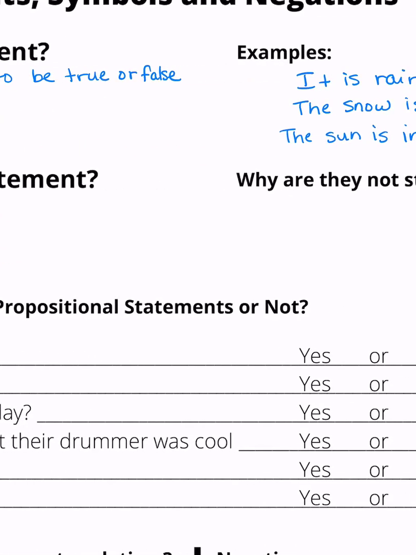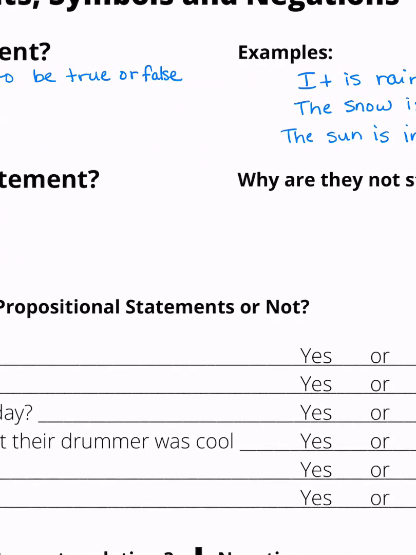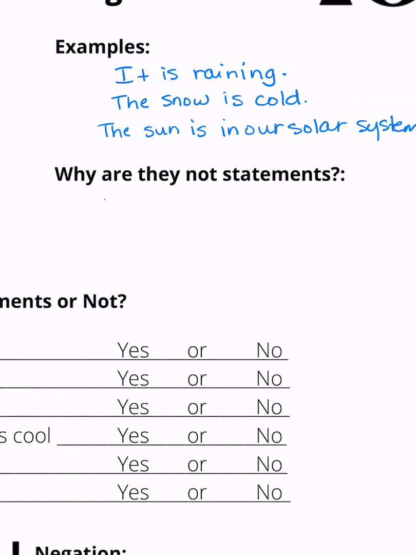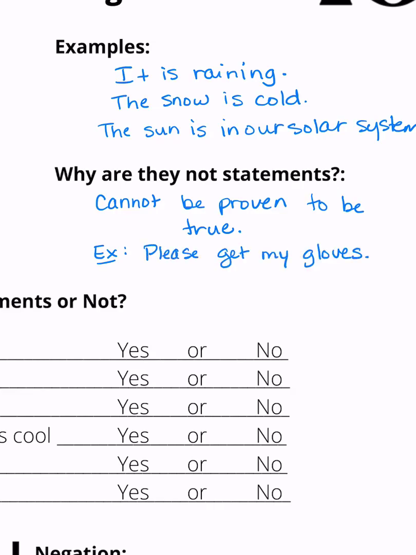So ultimately, why are they not statements? There's really one major thing: they cannot be proven to be true, or false for that matter. Let's look at some examples. I might have, please get my gloves. That is a command.